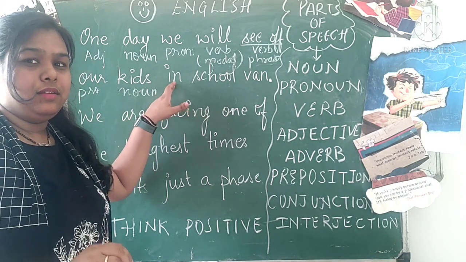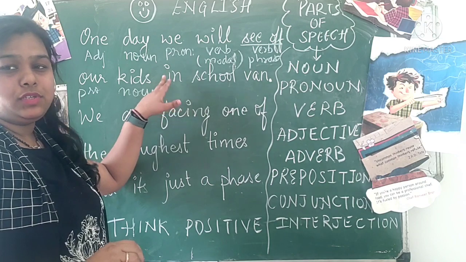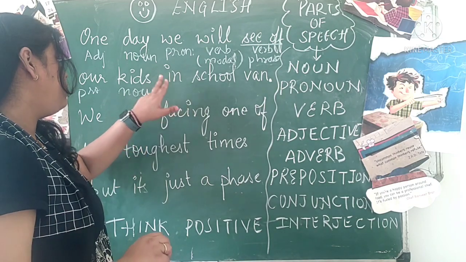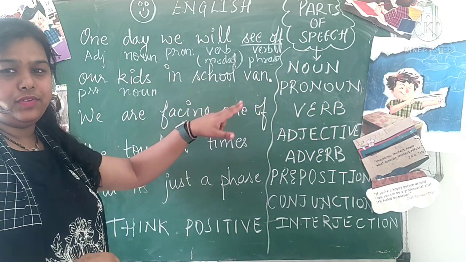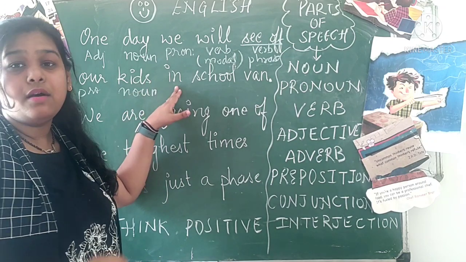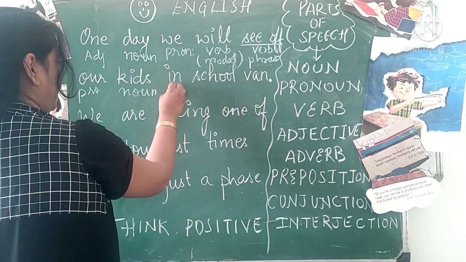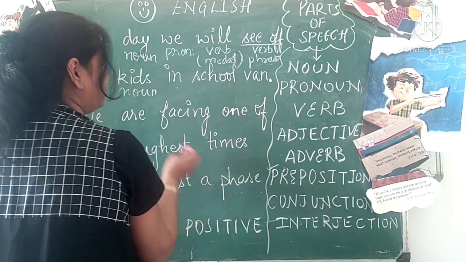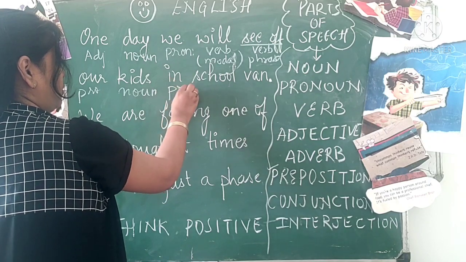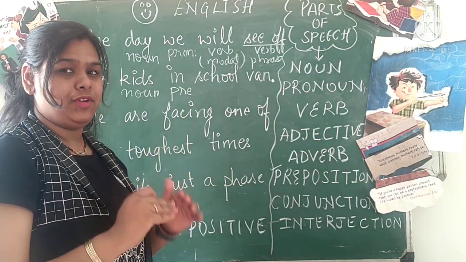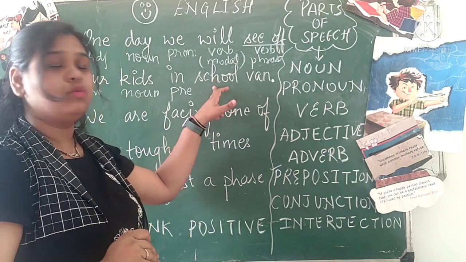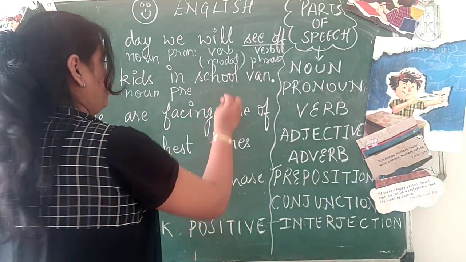In. What is in? It is helping us establish the relationship of a noun with other parts of a sentence. So in is a preposition. I'll just write school. School is a place where our kids go, right? So school is a place. It's a noun.